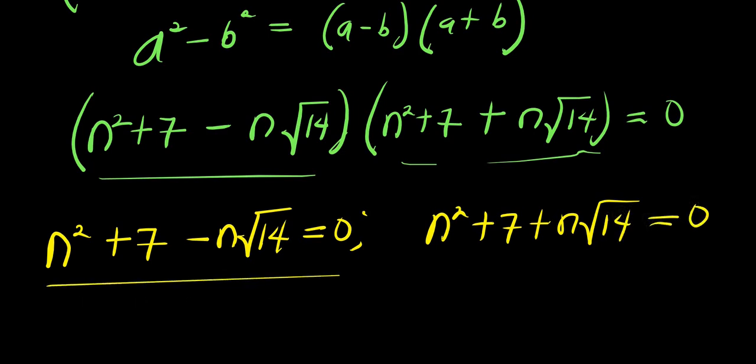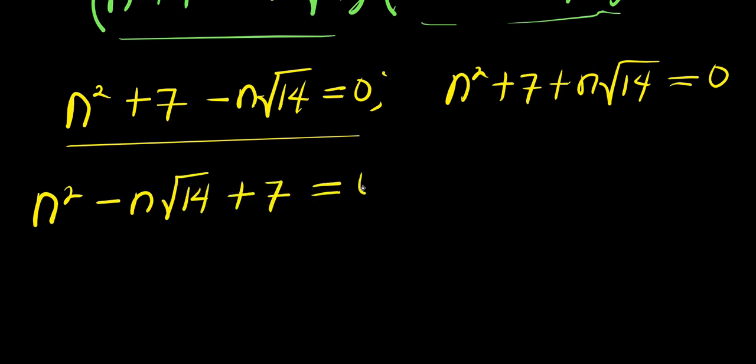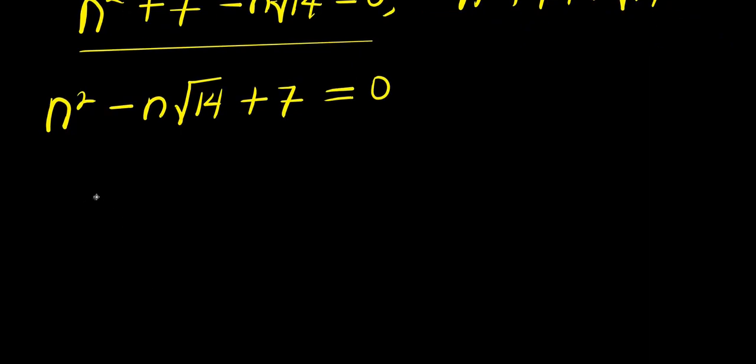Let's rearrange this equation in order to solve. We have n squared minus n times root 14 plus 7 equals 0. To solve this, we make use of the formula method. You write the formula in respect to n.